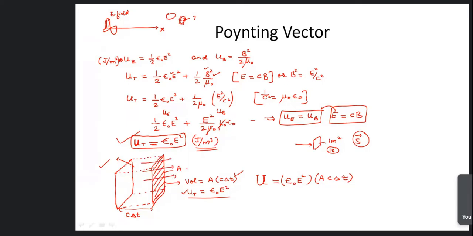It will flow like this. The whole of the energy within this region will flow out from this region through this area A. So I can write the energy flowing through area A in delta t time, because I know the time taken by the electromagnetic wave to propagate from this plate to this is delta t. So in delta t, whatever energy is there between these two plates will flow through area A.